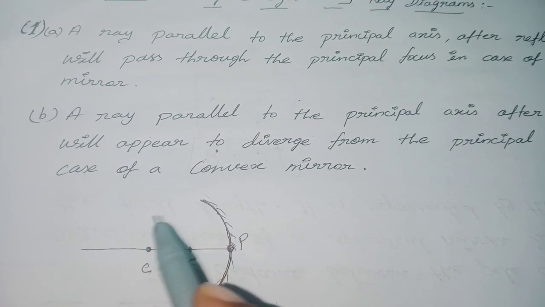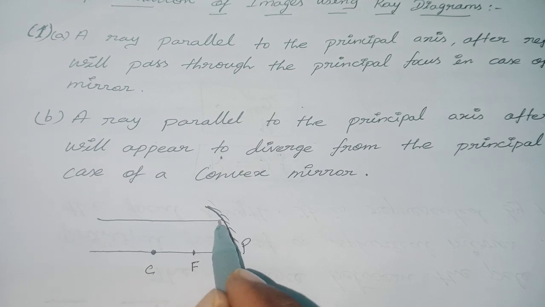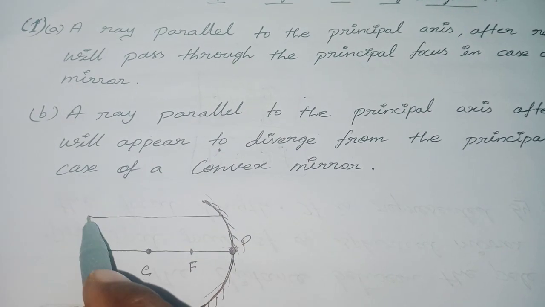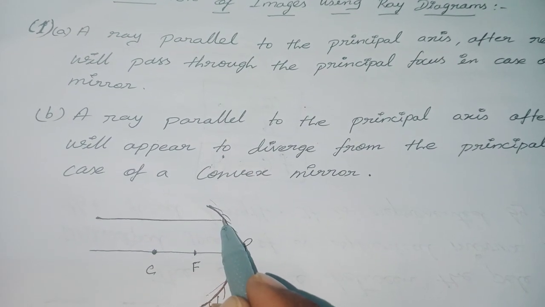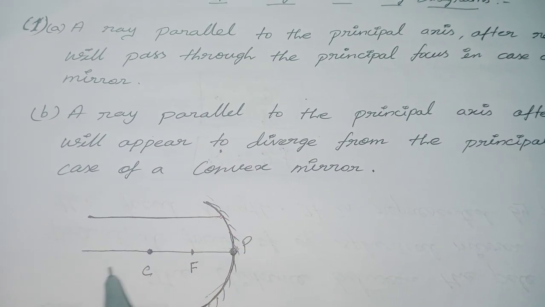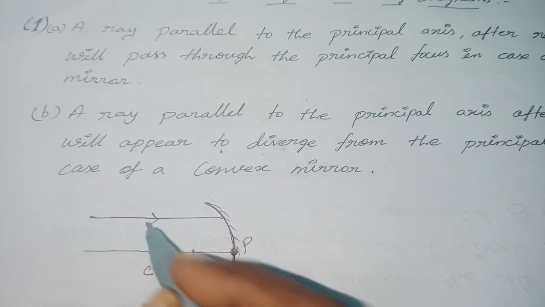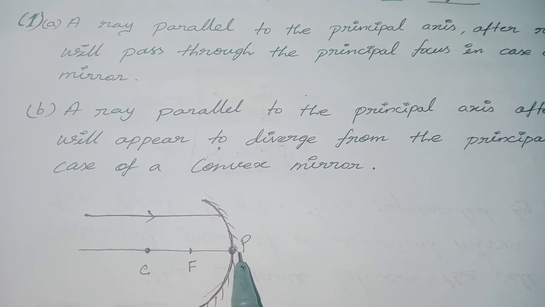Imagine that the rays are incident on the mirror like this. This is one of the rays incident on the concave mirror, and this ray is parallel to the principal axis. So this is the incident ray, and it is parallel to the principal axis.